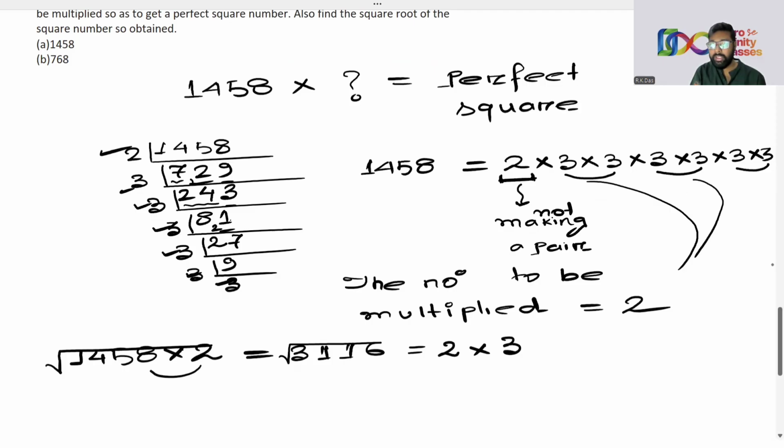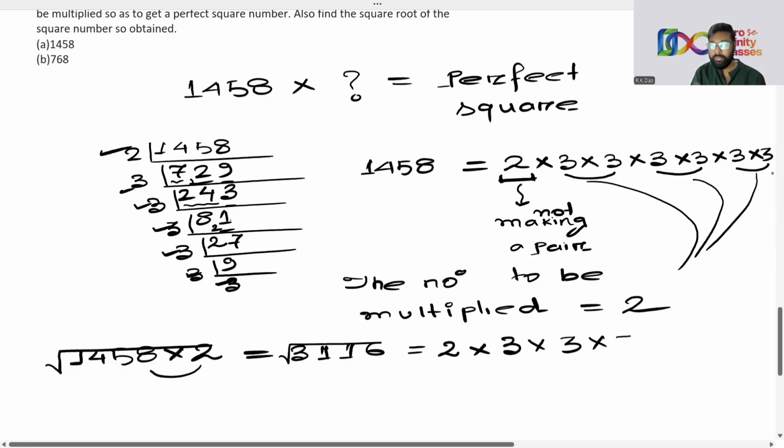From this also we'll be getting another 3, and from this also another 3. So square root will be 2 threes are 6, 3 is 18, 3 is 54. Perfect. So the least number that should be multiplied with 1458 is 2. And after multiplying 2 with 1458, the number will become 2916.